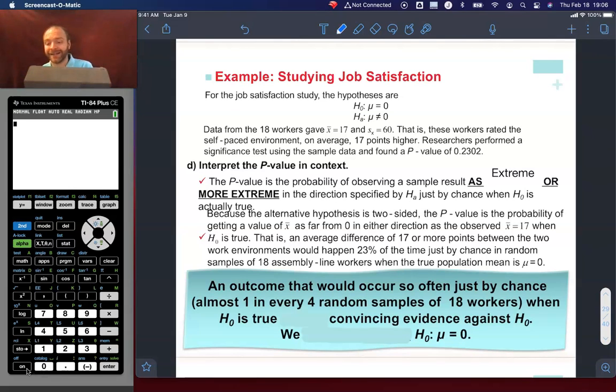And you're going to be asked many times to interpret the p-value. So you should really underline some of the key words there. Maybe write it in your notes, part of your formula sheet.